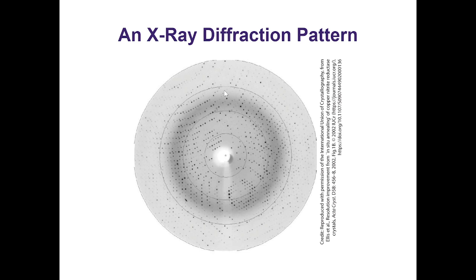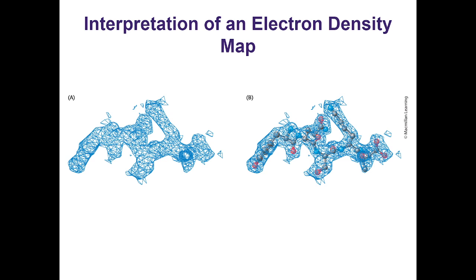And so this is what an X-ray diffraction pattern looks like, by the way. Can you see the protein? No, you can't. You need some pretty thorough math to do that. This is actually the interpretation of the electron density pattern. And you can kind of tell what the protein looks like from that, don't you?